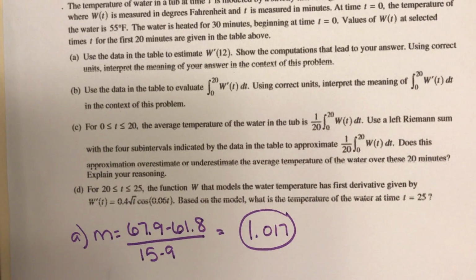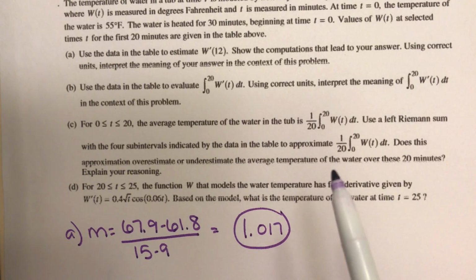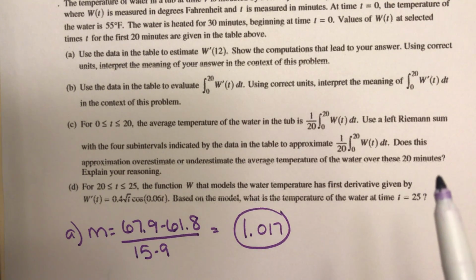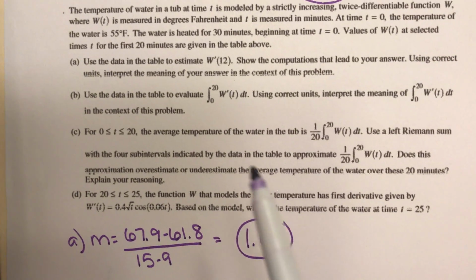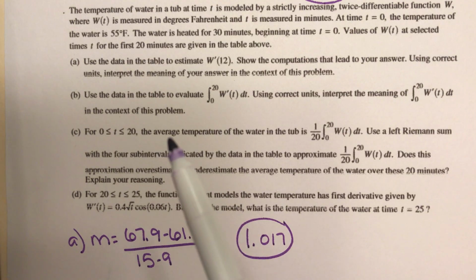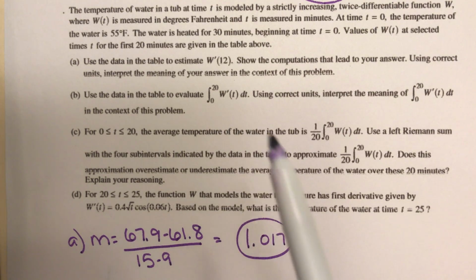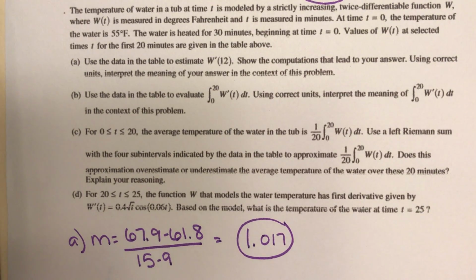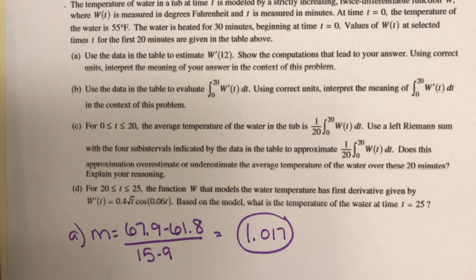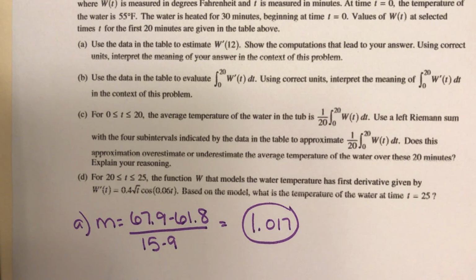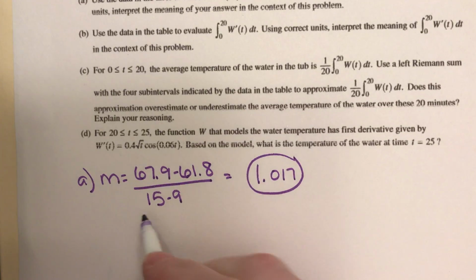Now the second part of A says, using correct units, interpret the meaning of your answer in the context of this problem. So what this means is we just found a rate, right? Because we found the slope. Slope is the same thing as rate. So this is the approximate rate that the temperature is increasing at 12 minutes. So I'm going to write that down.